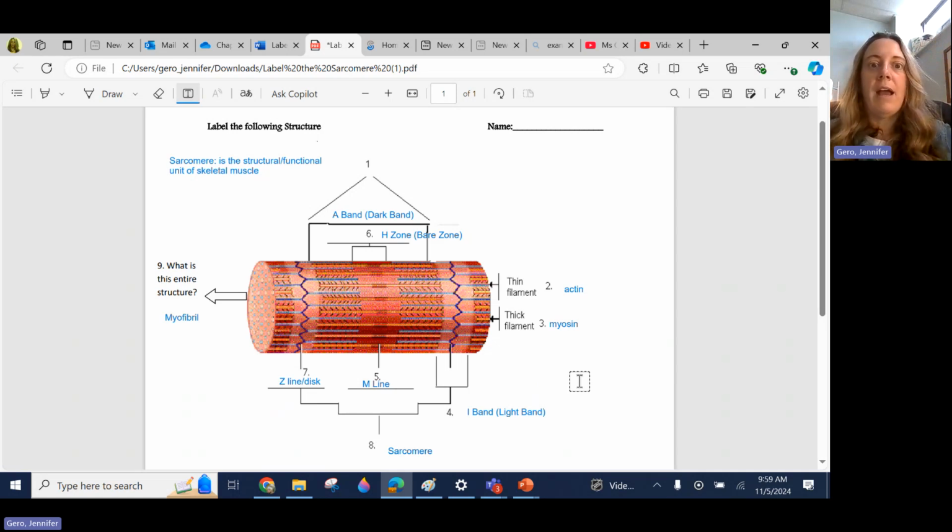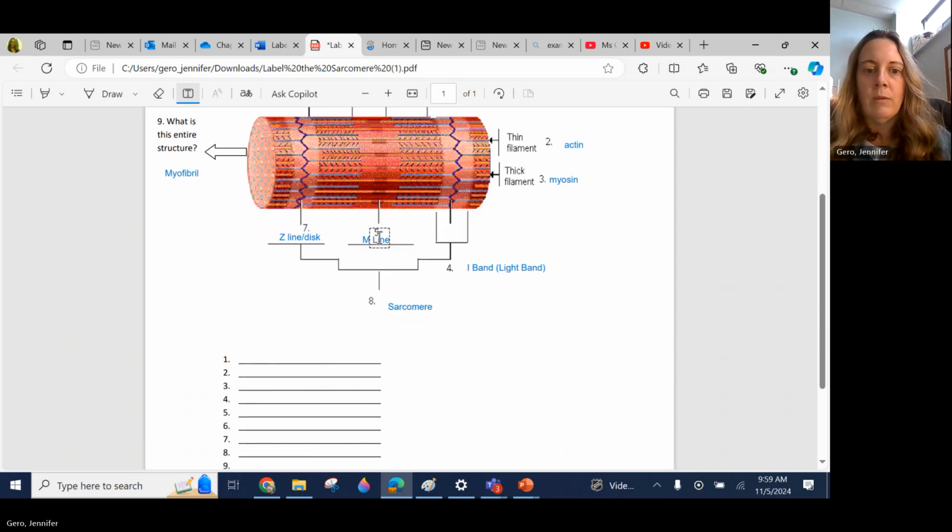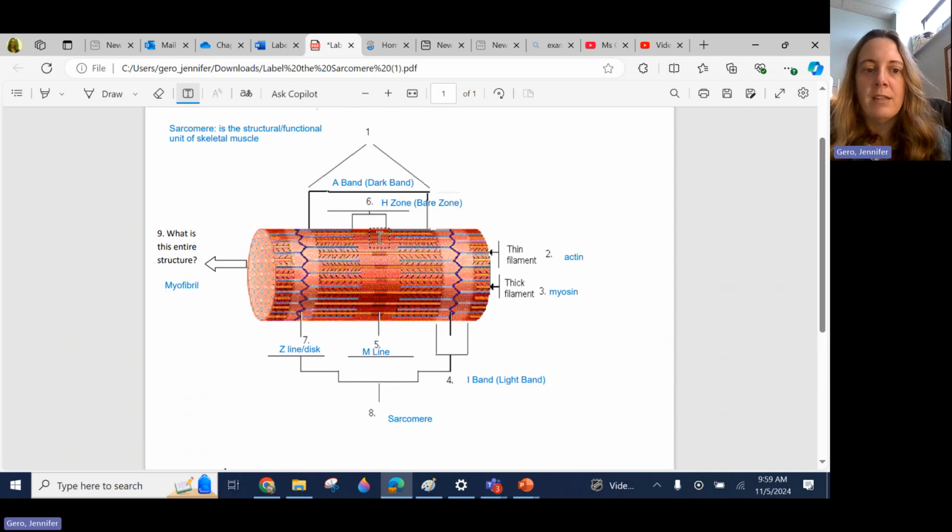And so myosin grabs actin and pulls it towards the M line. And so what happens is that during muscle contraction, the H zone disappears, and the sarcomere that runs Z disc to Z disc is going to compress, kind of like an accordion. So that is labeling the sarcomere.